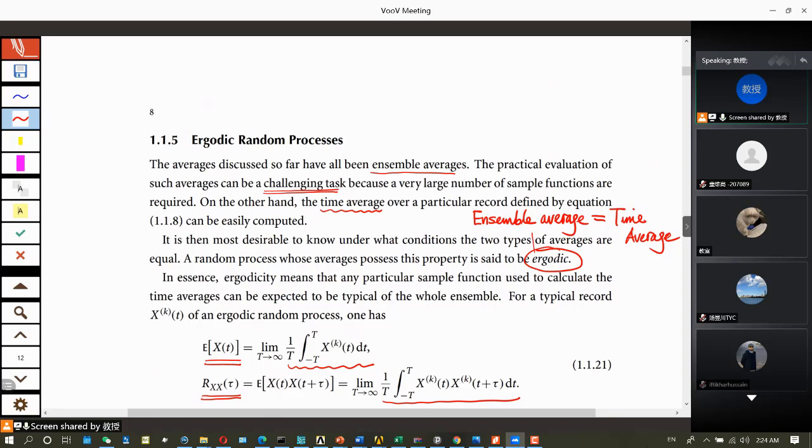Only when you are able to visualize such a process can you reasonably use approximation. So you say, this is a good approximation to approximate a process as an ergodic process. Then you can use time average as ensemble average.